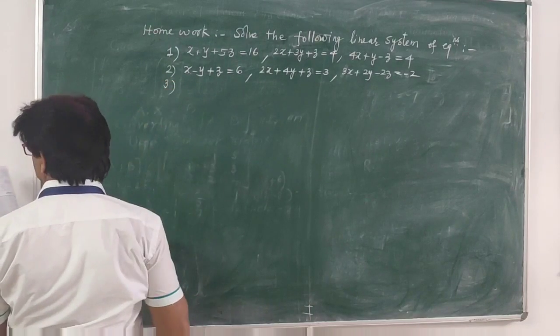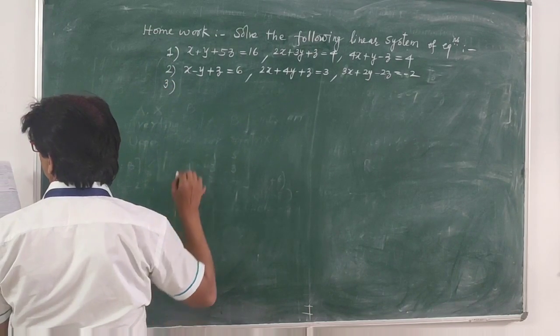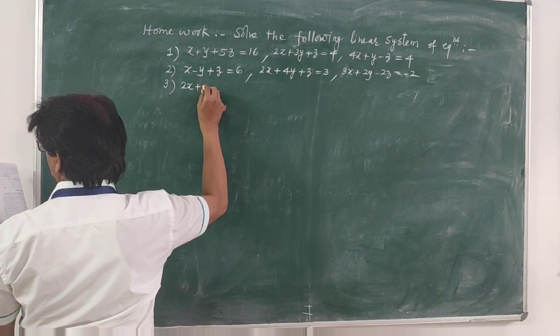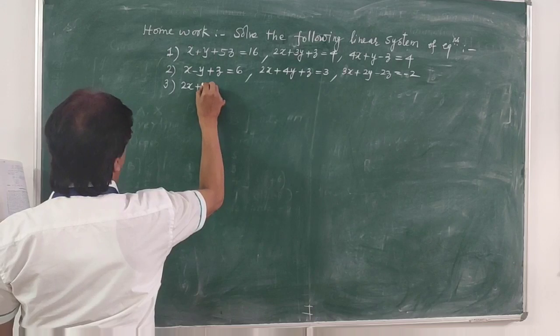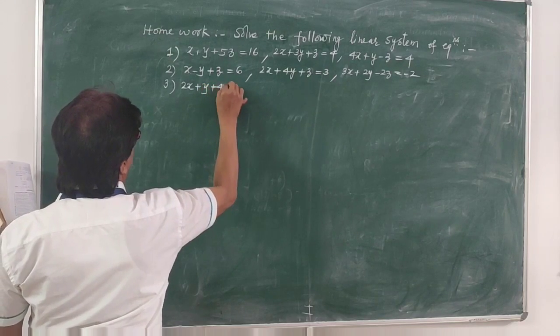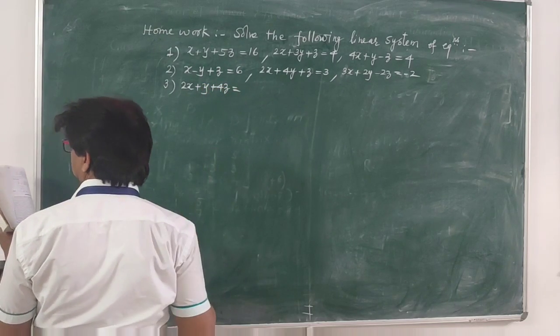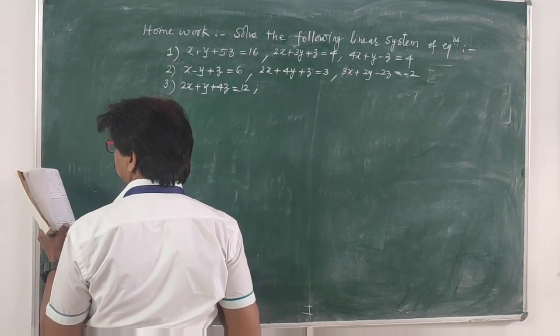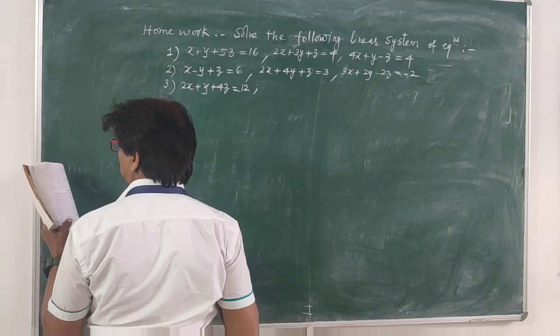The third system is 2x plus y plus 4z is 12.